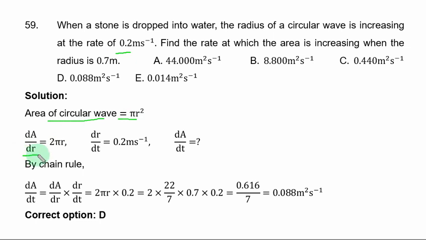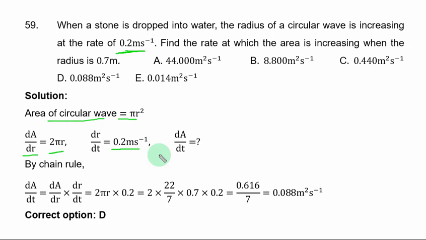You know, pi is a constant. If you differentiate r square, you have 2r. So you have 2 pi r. From the question, this is the rate of change in radius with respect to time, 0.2 meters per second. Now you are asked to find the rate at which the area is increasing.